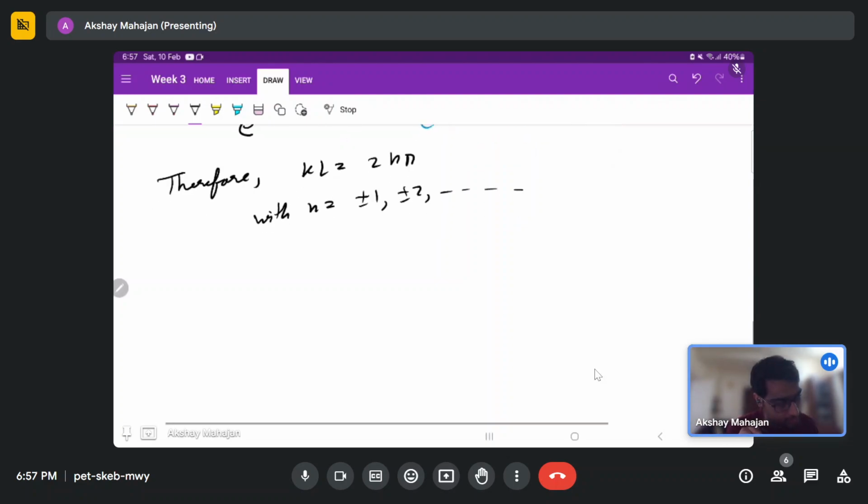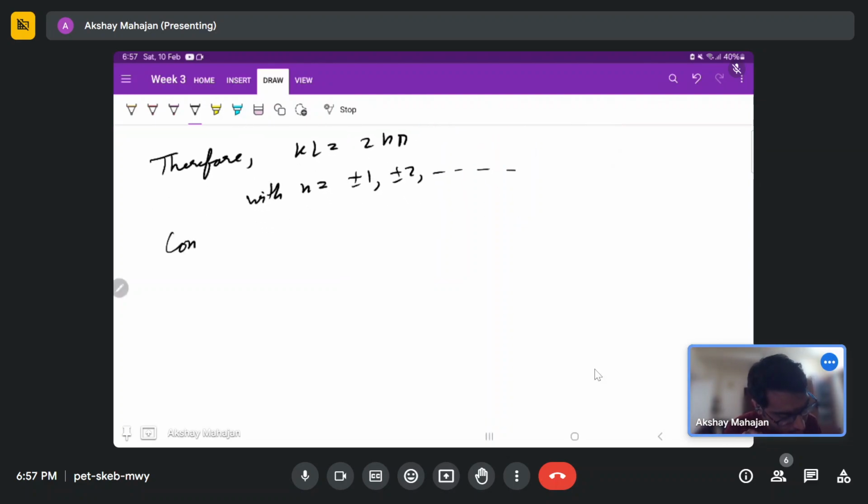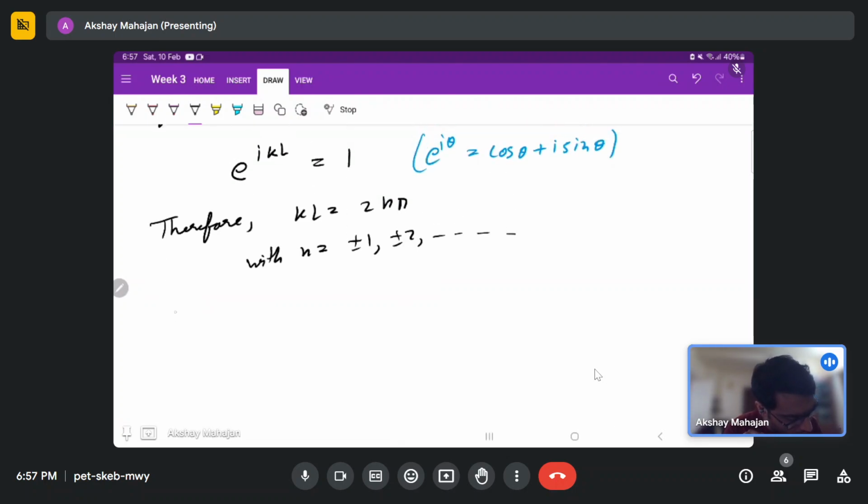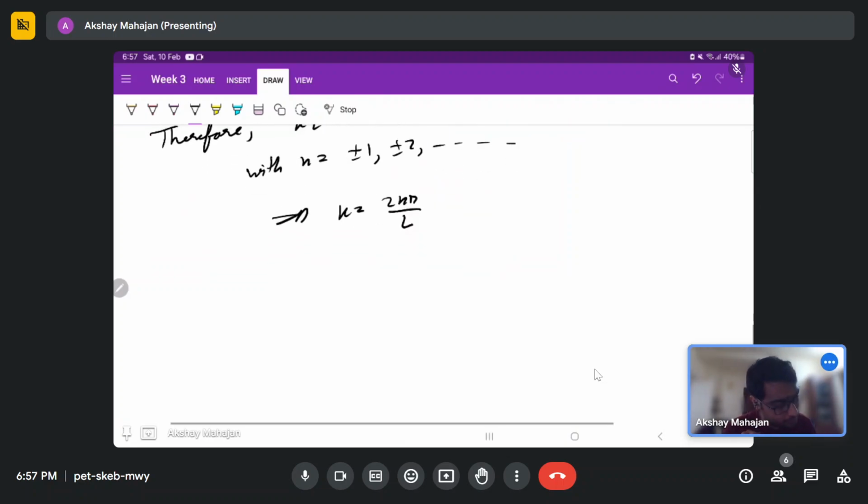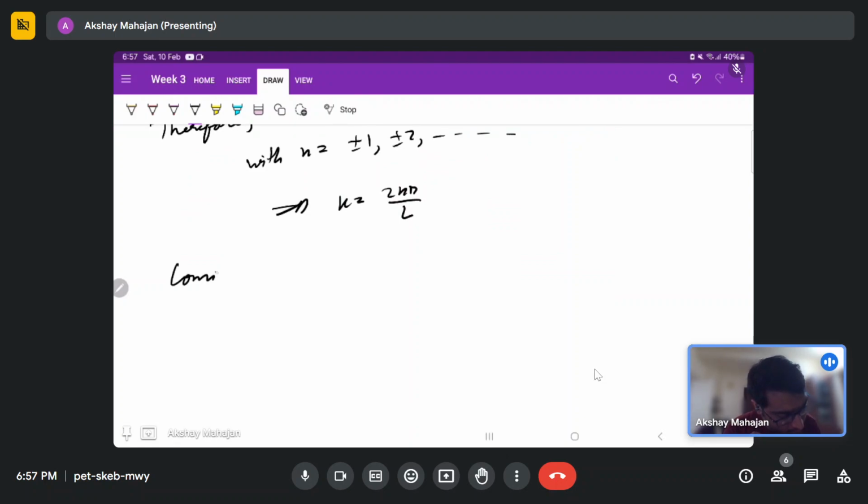Now considering the first Brillouin zone: from here our k will be equal to 2n pi by L. Remember that the Brillouin zone is defined by your lattice constant.